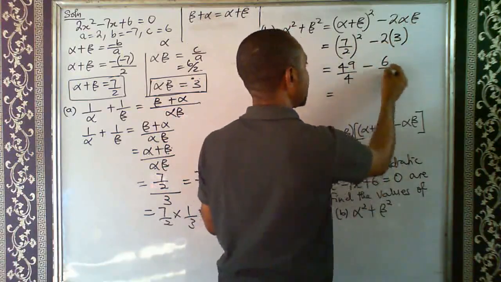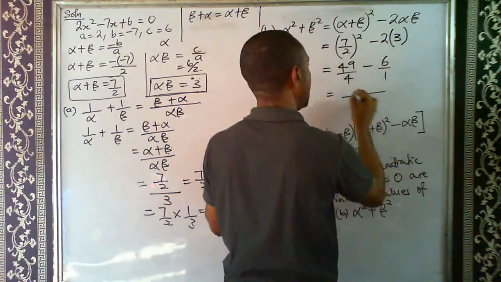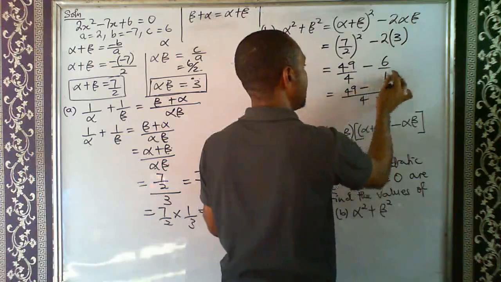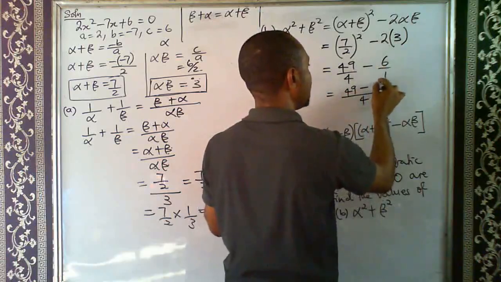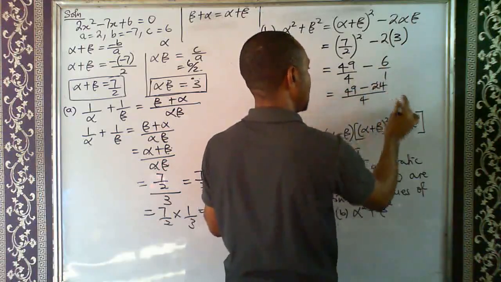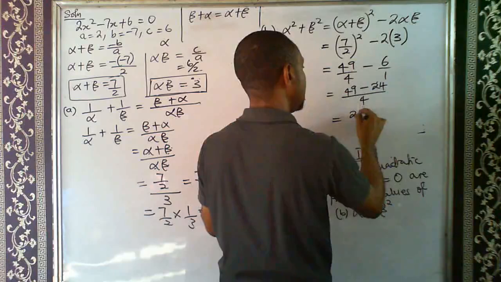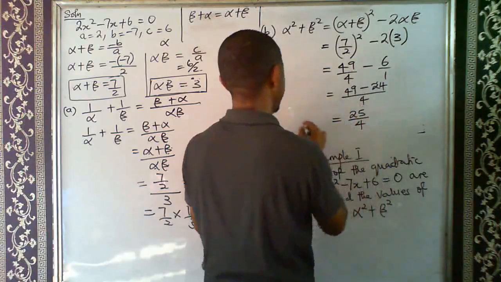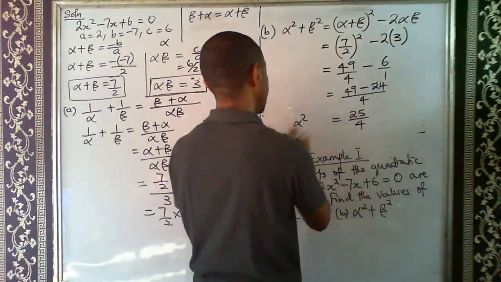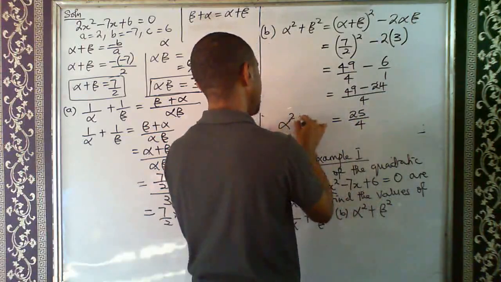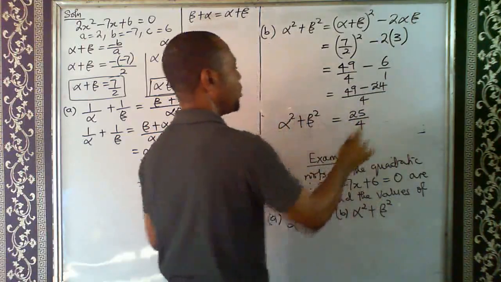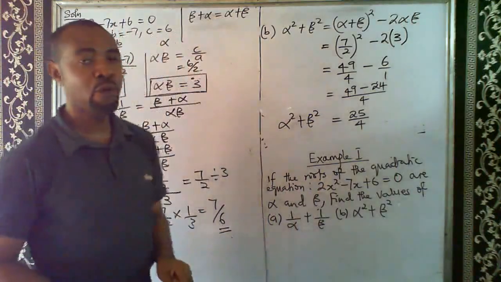So if we subtract this over 4, we're going to have 49 minus 24, which is 25 over 4. So alpha squared plus beta squared gives me 25 over 4.